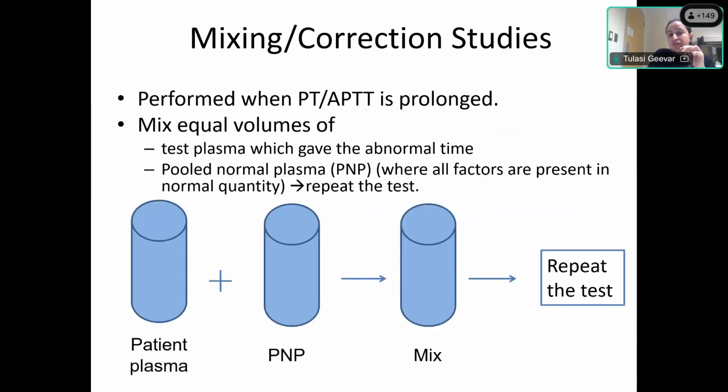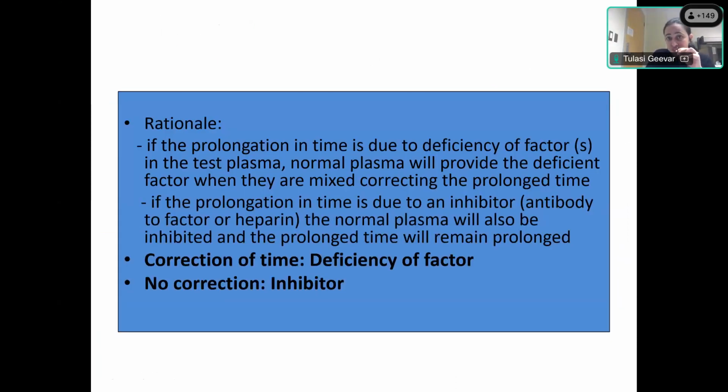When you have a prolonged PT or APTT, the next step is to do a mixing study. The mixing study can be done with pooled normal plasma. You mix equal amounts of the patient plasma with the control plasma and repeat the test. The rationale is that if the prolongation in time is due to deficiency of a factor in the test plasma, the normal plasma will provide the deficient factor, thereby correcting the prolonged time.